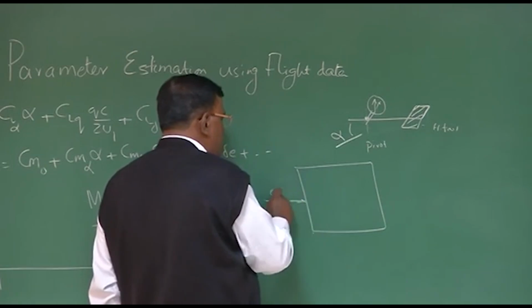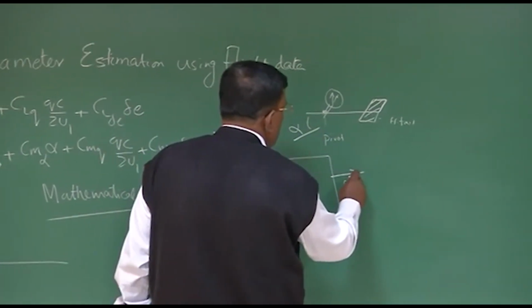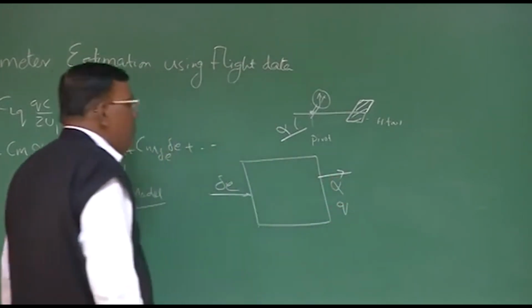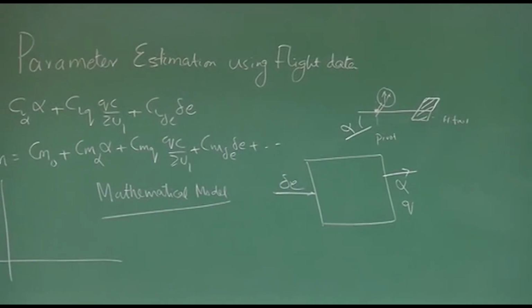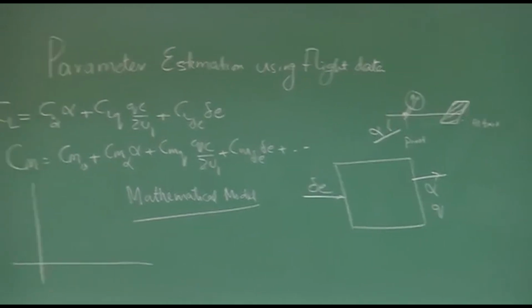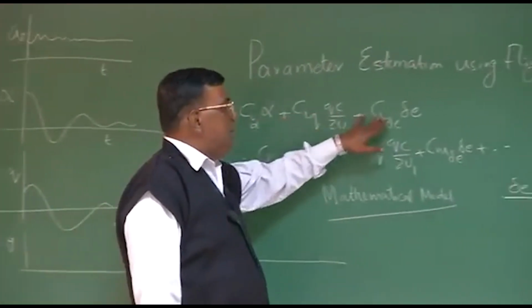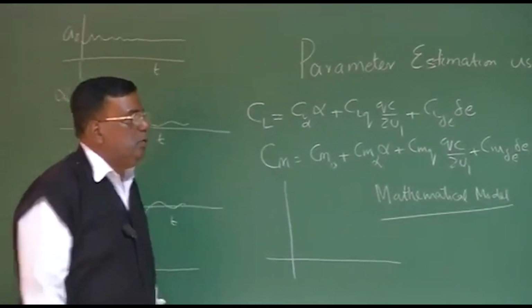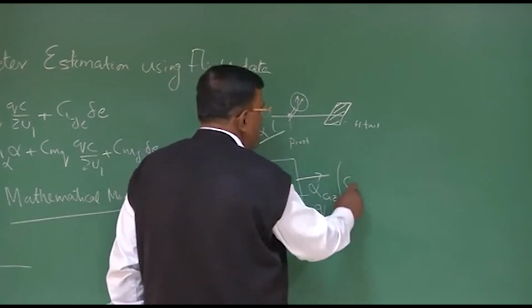So we give delta E and we calculate what will be alpha and Q from the mathematical model. That means essentially solving the longitudinal equations of motion. You know that we have done it in aircraft stability and control. So you are actually solving this, assuming some initial guess values for these parameters, and you get some alpha, Q, and some AZ. This is simulation.